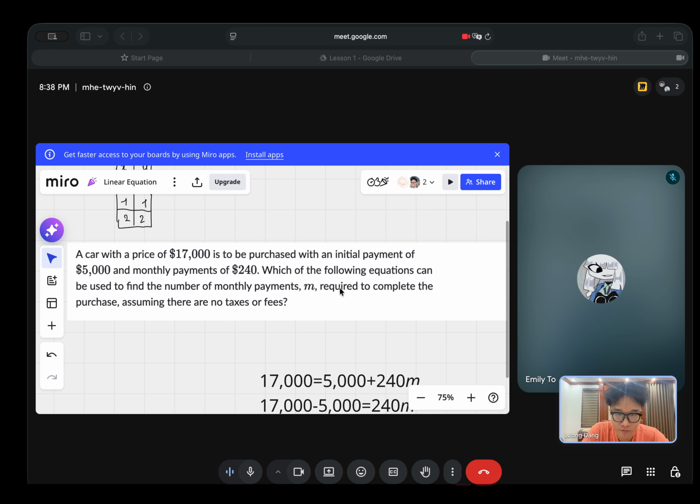So okay, we're given three important values here: 17,000, 5,000, and $240. And they said here the total price is $17,000, right? It is to be purchased with an initial payment of 5,000.